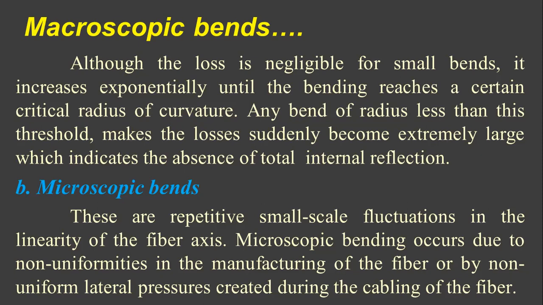That means at higher bends, the losses become so high that total internal reflection is not going to take place inside the fiber. So that leads to very huge losses in the intensity of the signal.